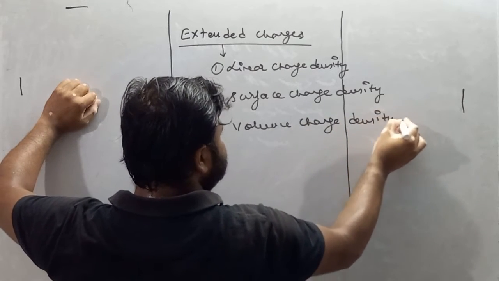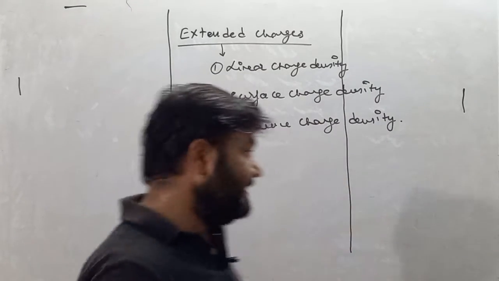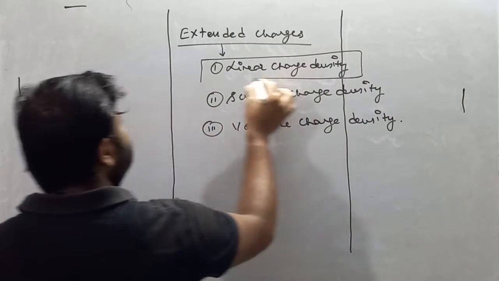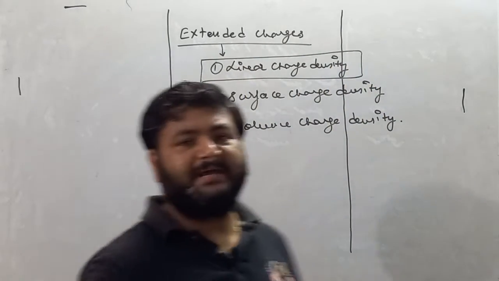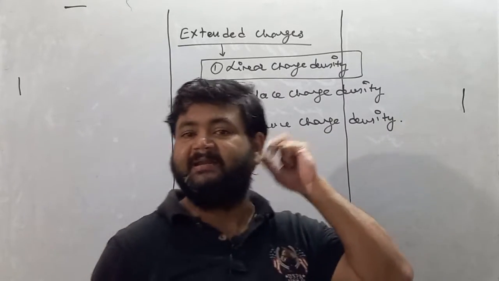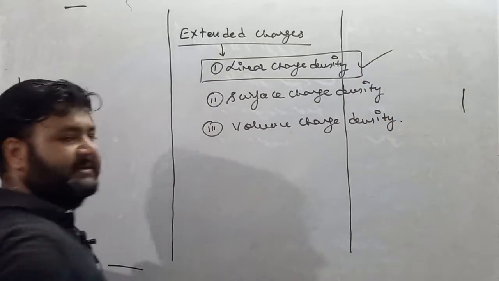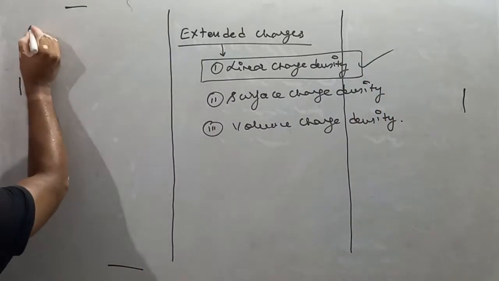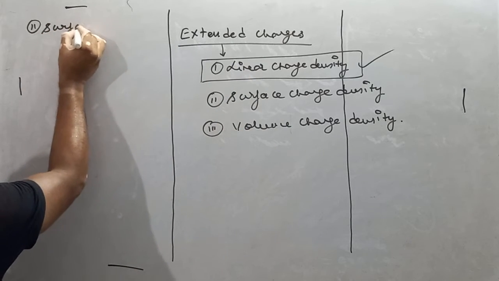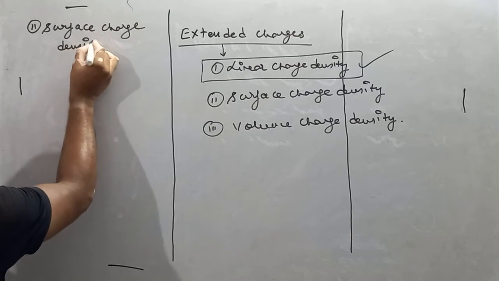We already discussed what extended charge actually is. I already told you that for a body whose physical parameter is length, if we put charge on it, then that charge is considered to be linear charge density. Now we are talking about the second extended charge, that is surface charge density.